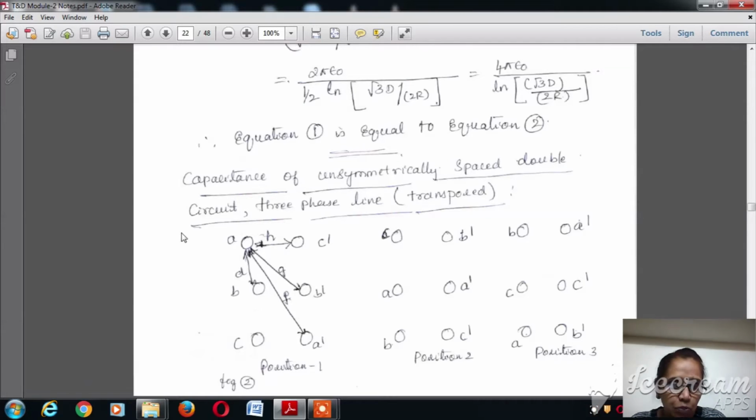Lines are transposed. The distance between A and B is small d, and the distance between A and A dash is considered as F, and if I have considered A to B dash as G, and this as H, and then this as E.